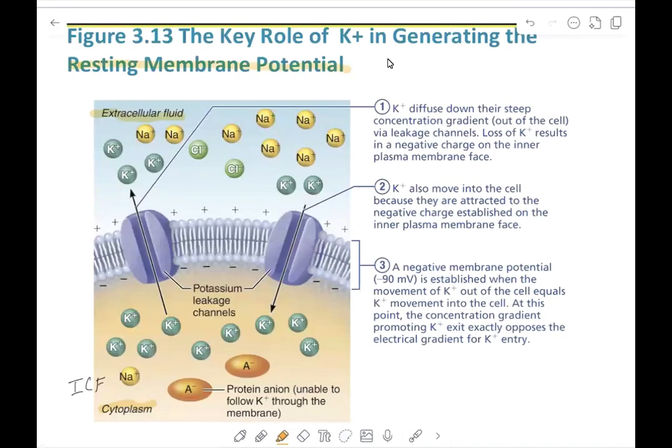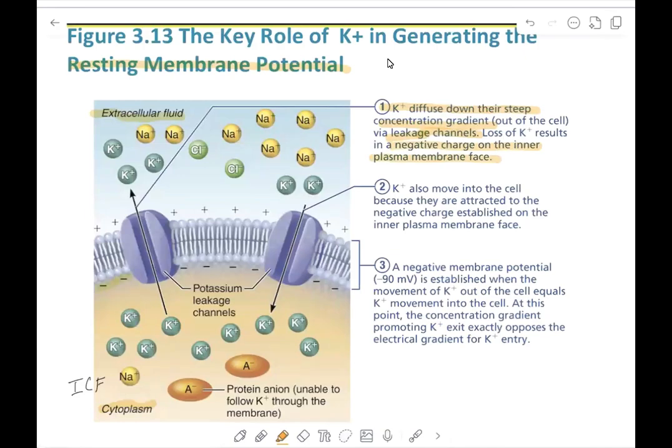What's going to occur is that potassium is going to diffuse down its steep concentration gradient via leakage channels. We know that plasma membranes are highly permeable to potassium. This results in a negative charge on the inner surface of the plasma membrane.